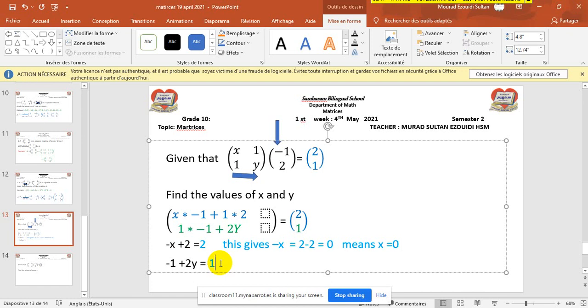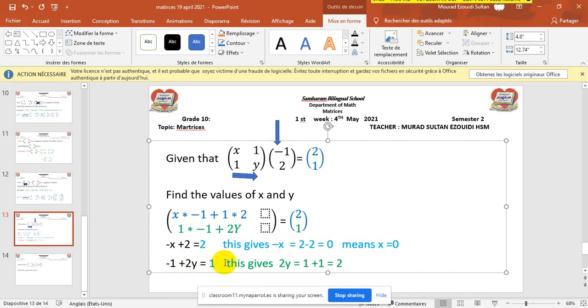Then for the second one, I will try to isolate 2y. You see this minus y? When it is transferred to the right-hand side, it takes a negative sign, and a negative becomes positive. So 2y equals 1 plus 1, which is 2.